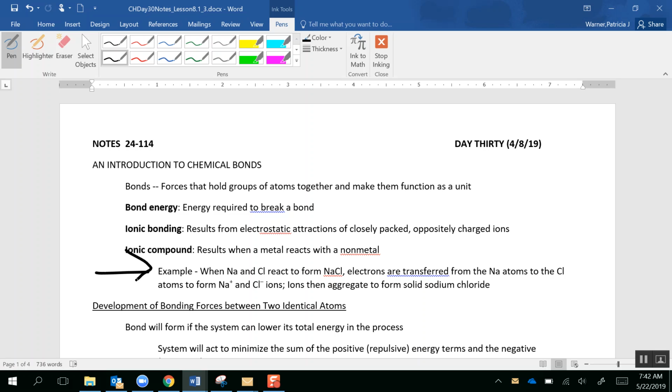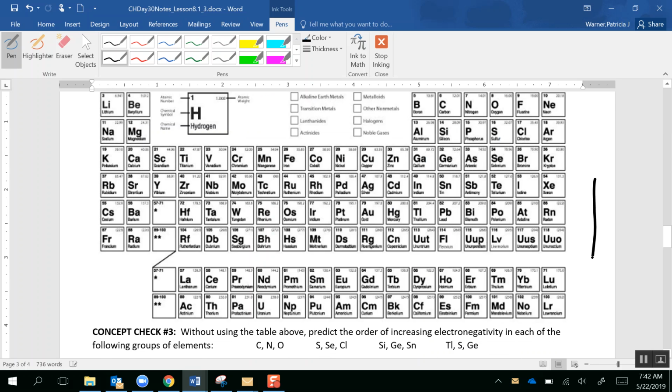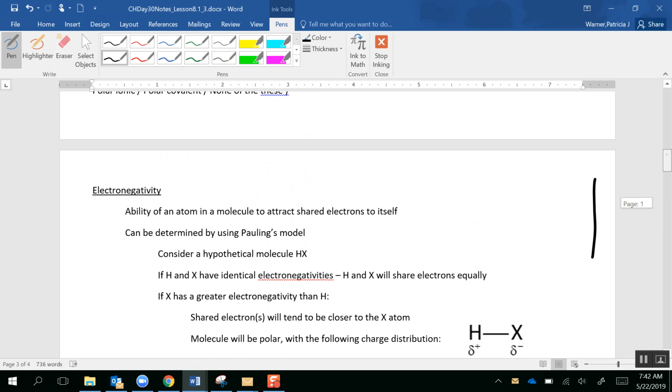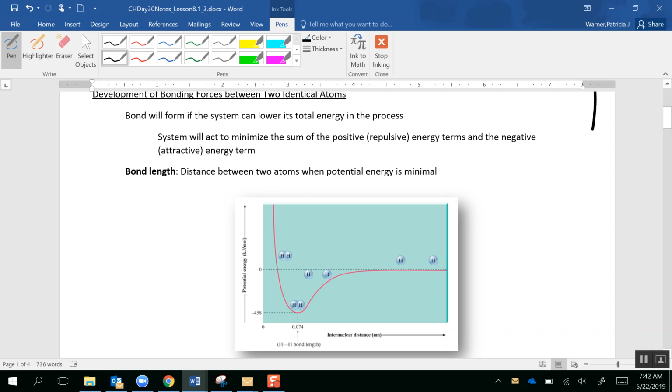an ionic compound. Now, when you have two identical atoms, and I do apologize for the way this is scrolling, but when you have two identical atoms, chemistry in general wants to be at its lowest energy.